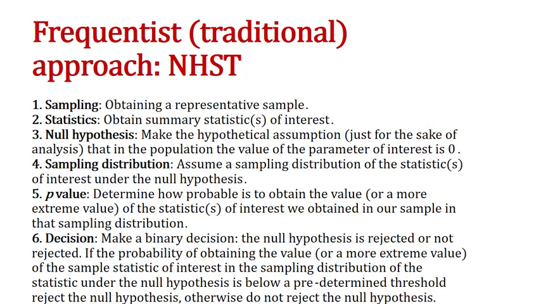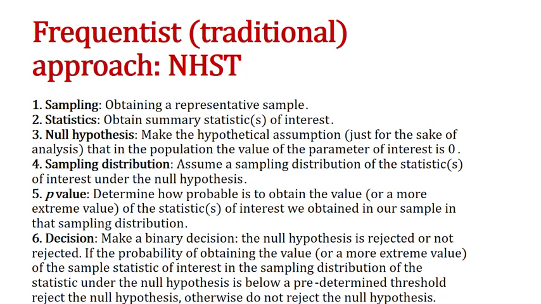And the fourth step is to obtain a sampling distribution of the statistic of interest. The fifth step is to determine the p-value, that is the probability of obtaining the score that we obtain in the statistic, or a more extreme score, if in the population the value of the parameter of interest is 0.